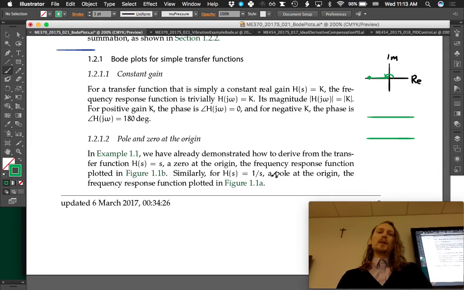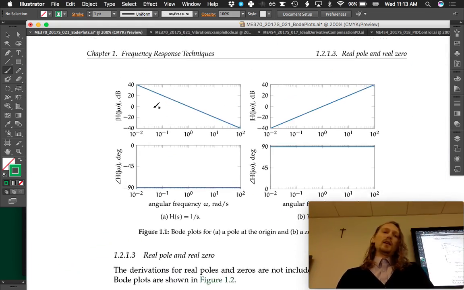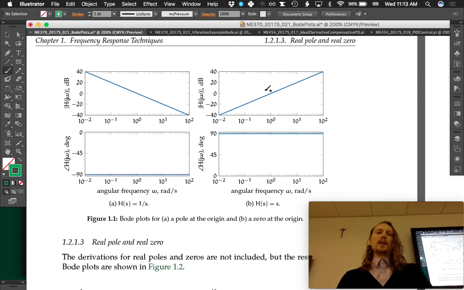The frequency response function is plotted here. This is the one we found in the example. So here's the magnitude in dB. It goes through frequency 1 and magnitude in dB 0.